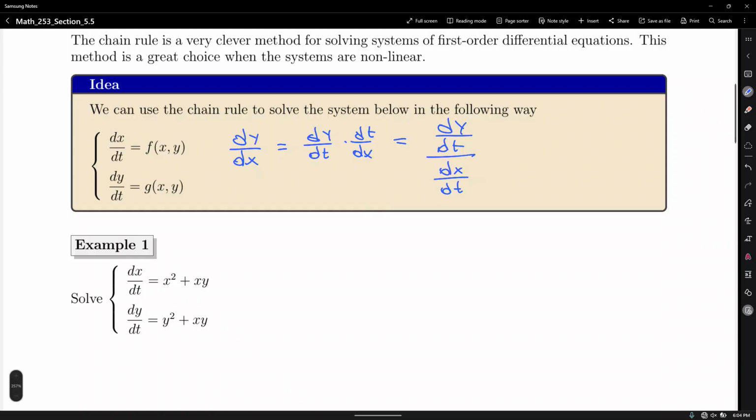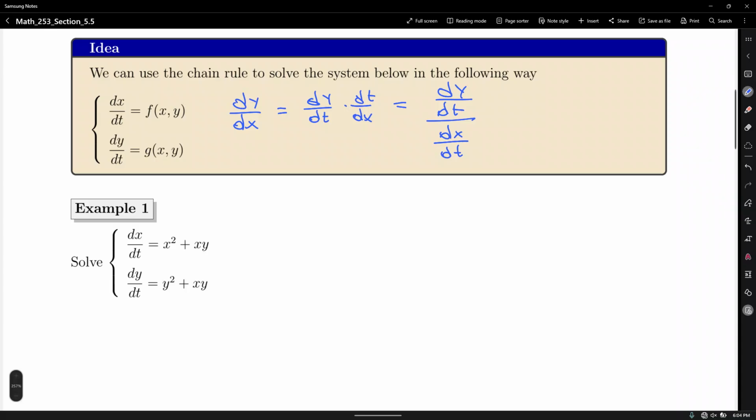You'll see. Okay, so example 1, solve dx dt equals x squared plus xy, and dy dt equals y squared plus xy. Okay, so number 1, let's use the chain rule setup.